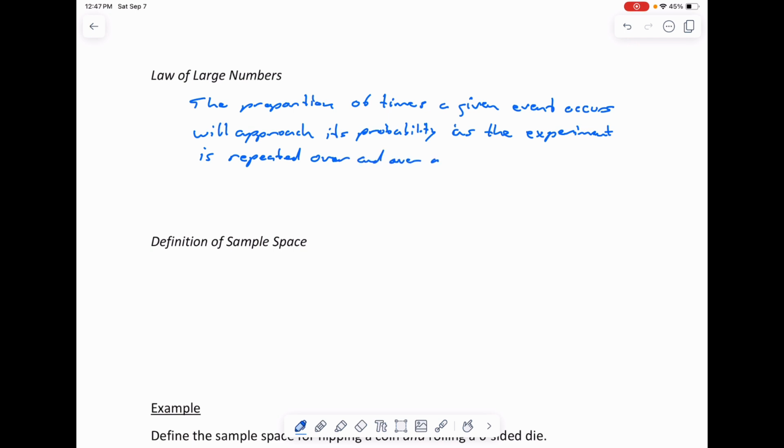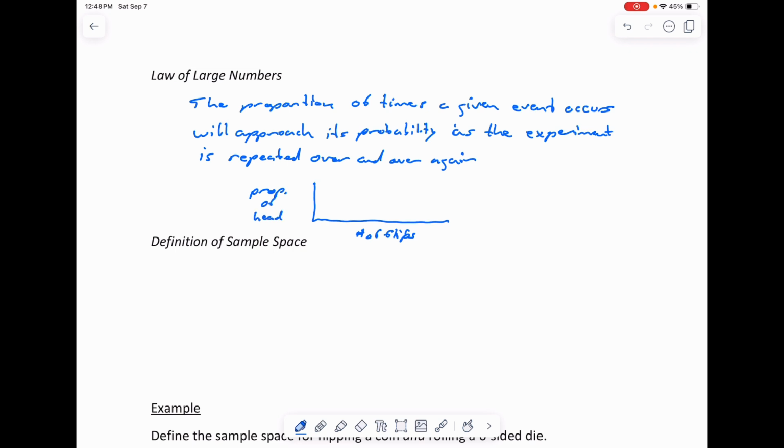And so, like I was saying with the coin, if I were to graph, for example, the probability of getting heads, this is maybe the number of flips, and our vertical axis might be the proportion of heads.